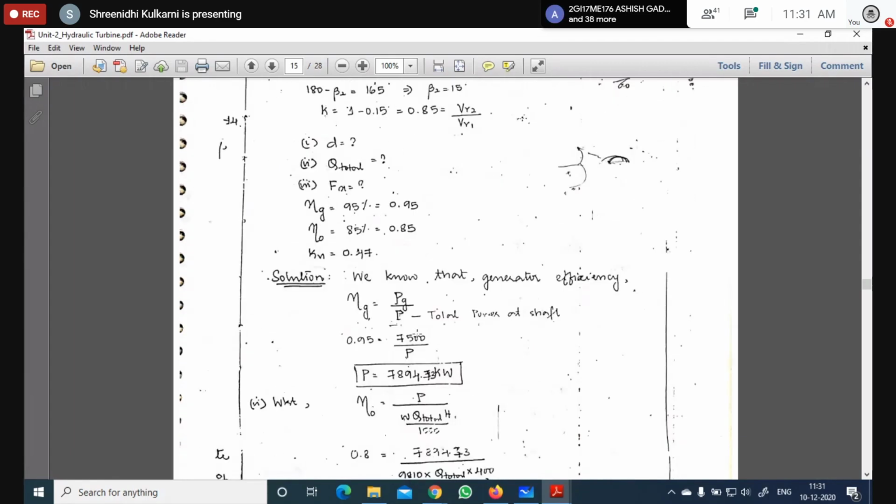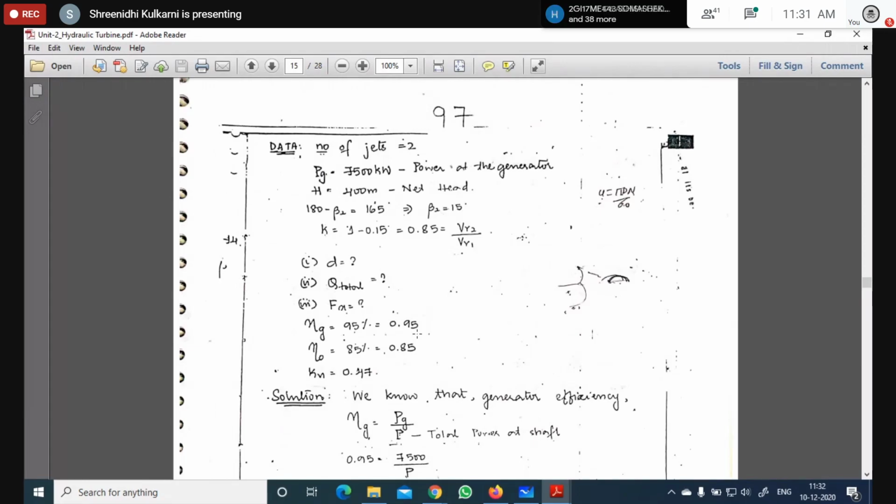So next, just note down this data. Finished?